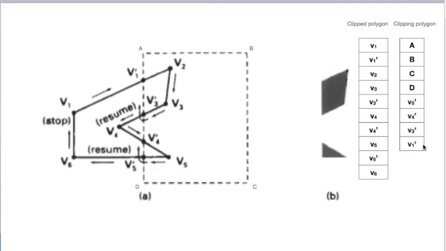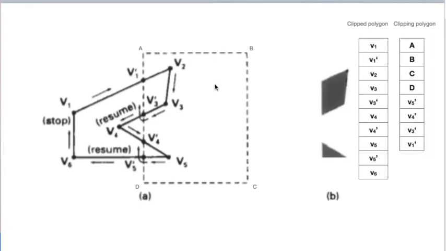So if you see that order here, it starts from V1 dash, V2, V3, V3 dash. Then you go to the clipping polygon list. Here V3 dash, next is V1 dash. So you get these vertices. Okay, so this part is clipped like that: V1 dash, V2, V3, V3 dash, V1 dash. So this is the first clipping that happens here.